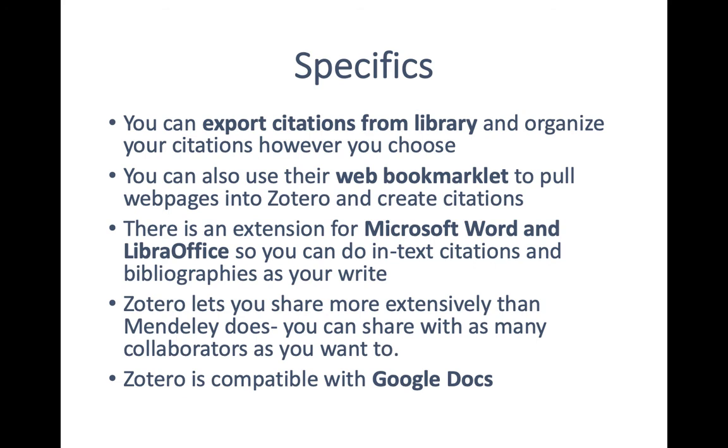So if you want to cite a CDC report or a blog post, for example, and you're on that web page, instead of writing down all the citation information, you click the web bookmarklet, and Zotero will try to scrape all the citation data that it can get from that website and put it into a Zotero citation for you so that you can use it later.